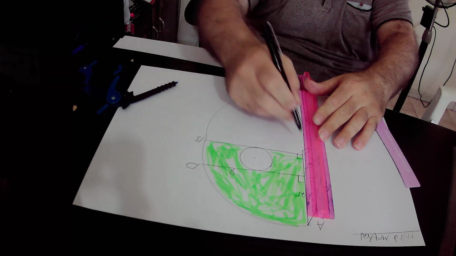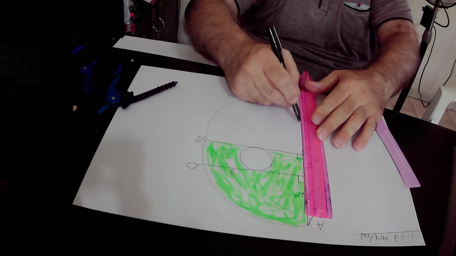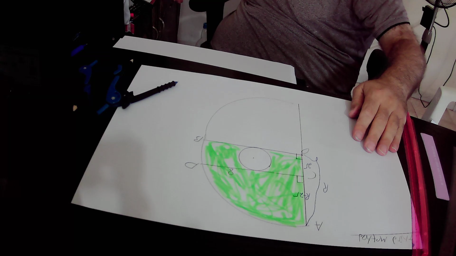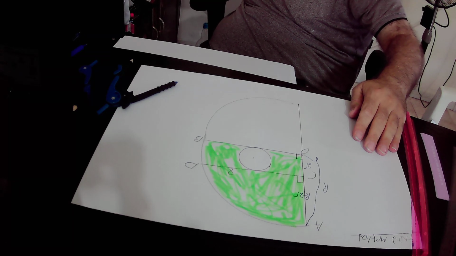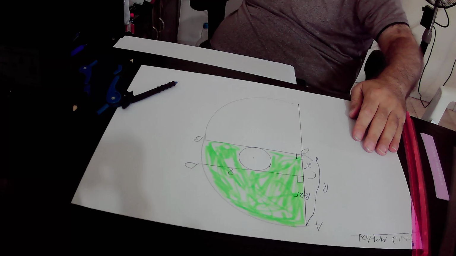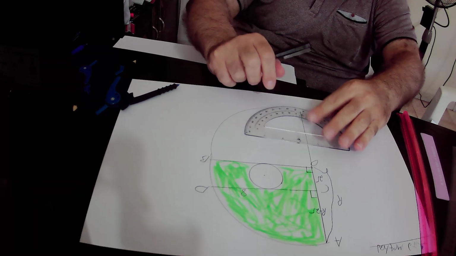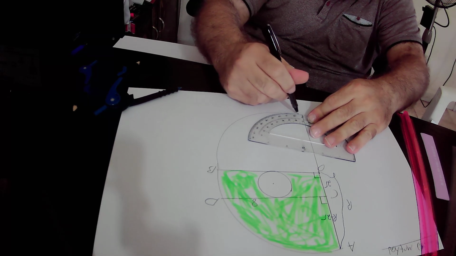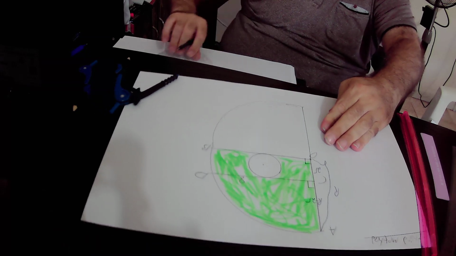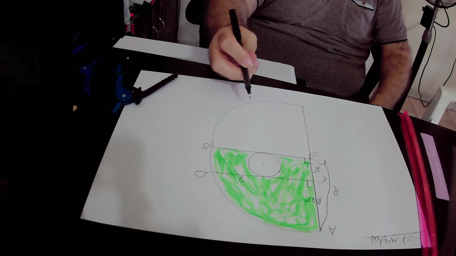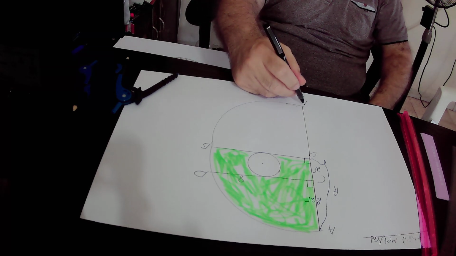Then we'll extend the radius AO by a straight line until it intersects with the semicircle. We define the intersection point of the extended radius AO with the semicircle as point M.